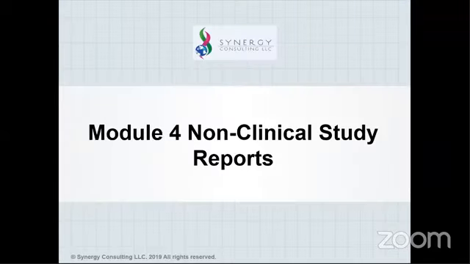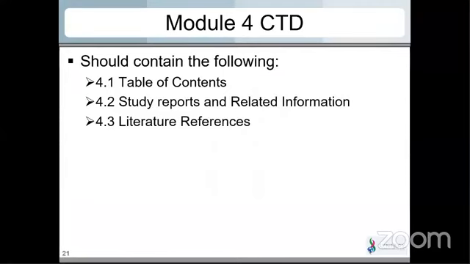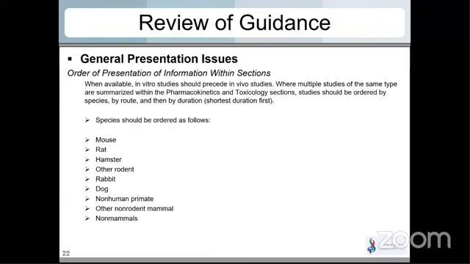For Module 4, non-clinical study reports, you see it has the same basic outline with the table of contents, the study reports, and the literature references. Then they are very specific about the order in which the information is presented.